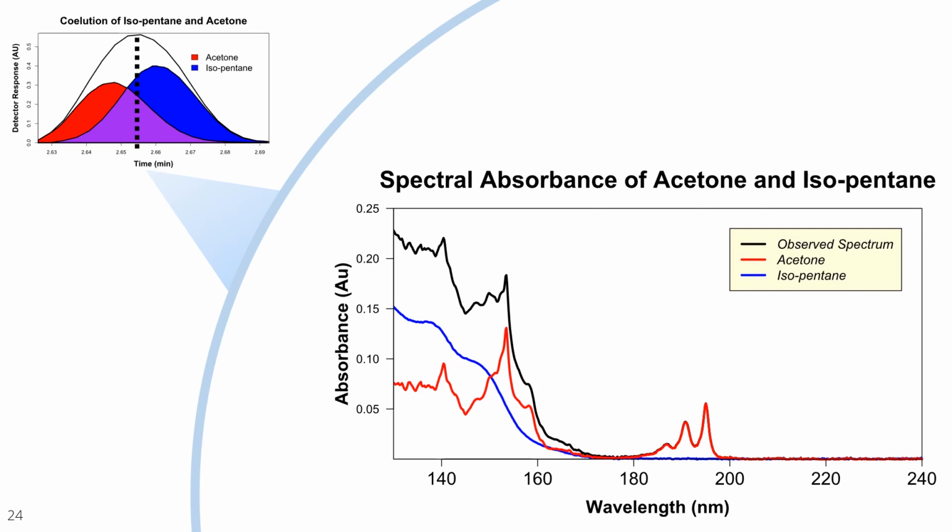So I like this graph too because if you take a close look at it, you can really see how each of the individual spectra sum up to give us what we observe. And there are some unique features in each spectrum that you can see very well. For example, out here from 180 to 200 nanometers, we can see that acetone is the sole contributor to these peaks out here. And these are the sorts of features that we take advantage of to separate our compounds.